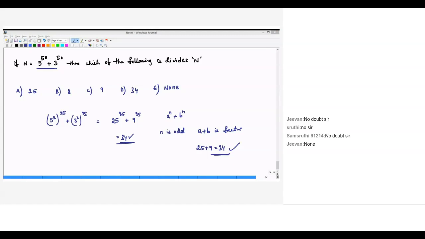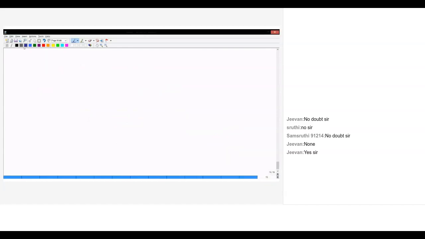Is it clear? If it is not exactly in the given format, try to bring it to the given format. If you cannot, then just leave it. Then you can't decide. You can say you can't determine. For example, 5 to the power of 64 plus 3 power 54.